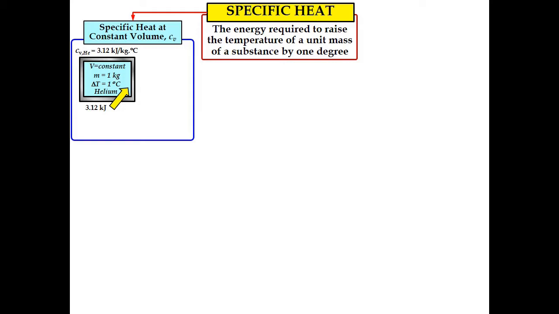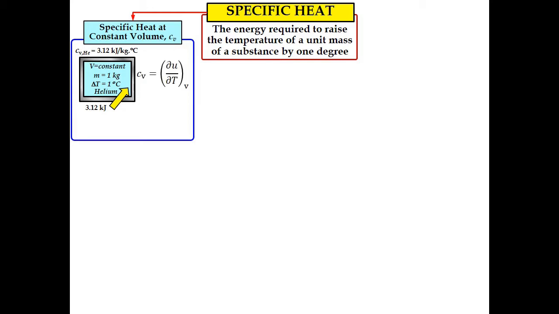So due to the definition of specific heat, the value of CV, specific heat at constant volume, for helium will be equal to 3.12 kilojoule per kilogram degree Celsius, and the value is the same as the energy supplied to the helium gas in the rigid tank when the temperature increased by 1 degree Celsius.